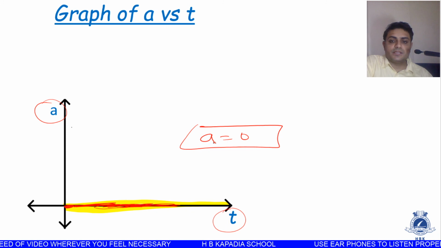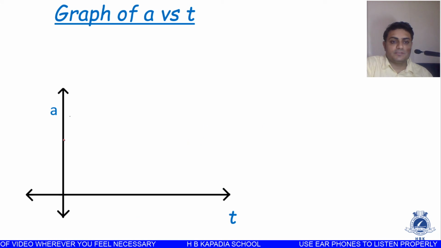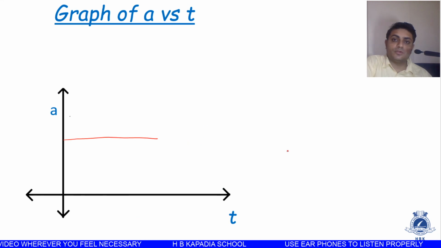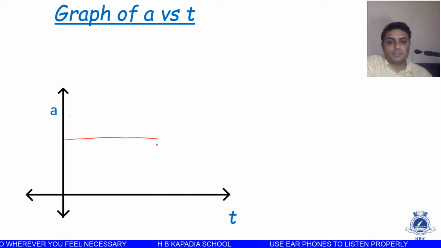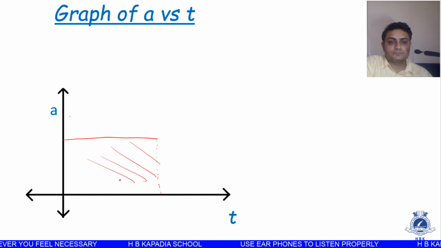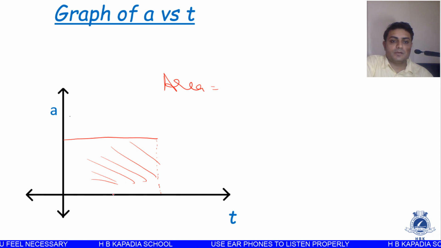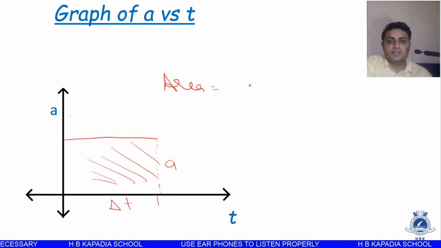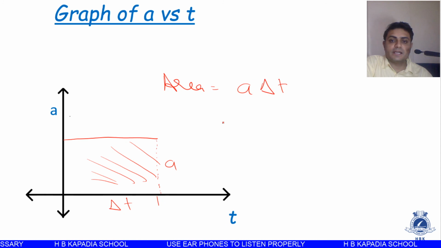So for this, acceleration is 0, but if the graph is like this, acceleration is not 0, and if we find out this much area, this area will give information about velocity. This much is delta t and this is acceleration. If we multiply acceleration and time, we will get the information about velocity.